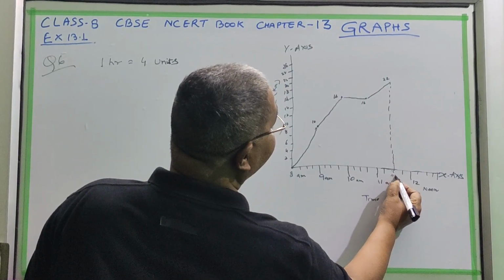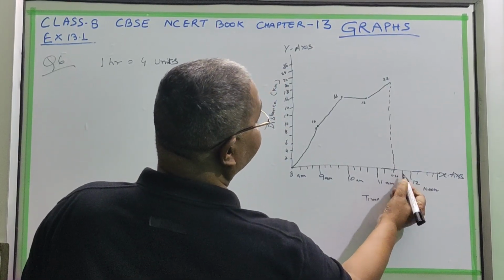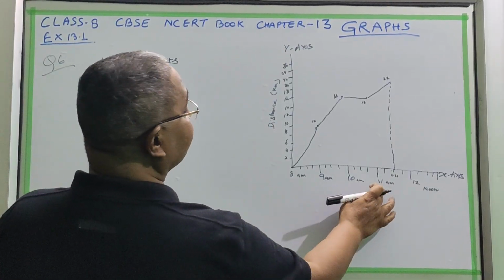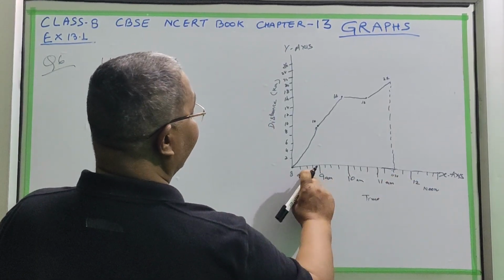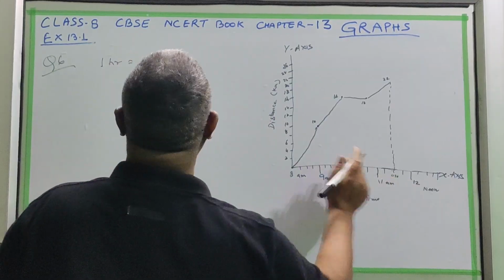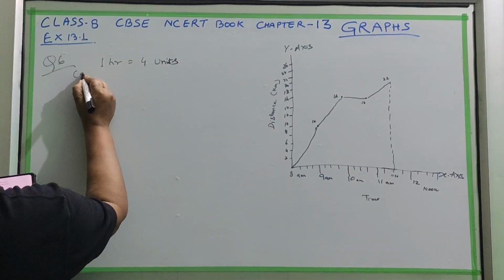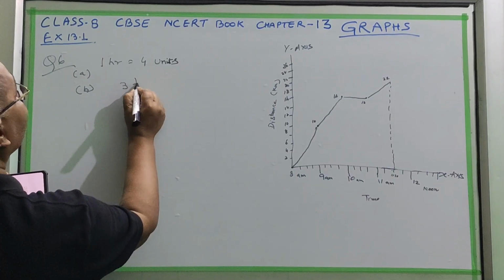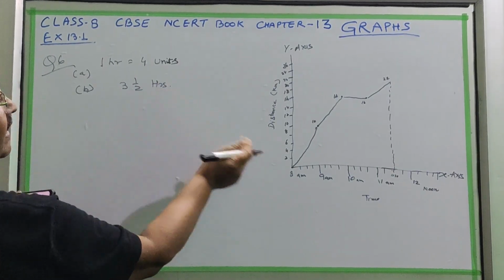Here you see it will come to 30 because 4 parts are there. So 11:30 means 3 hours and half an hour. So how much did the person take? 3 and 1/2 hours. Okay, now you can understand.